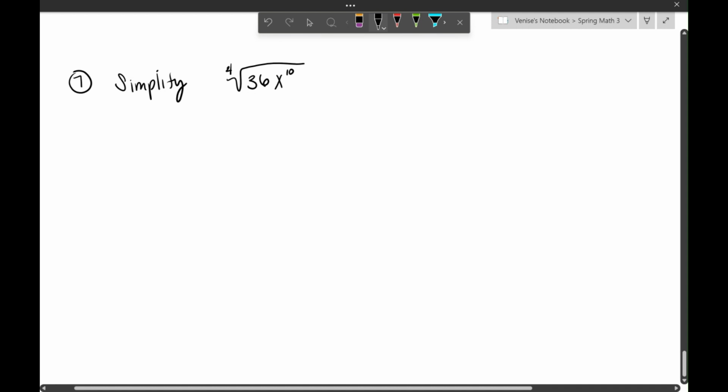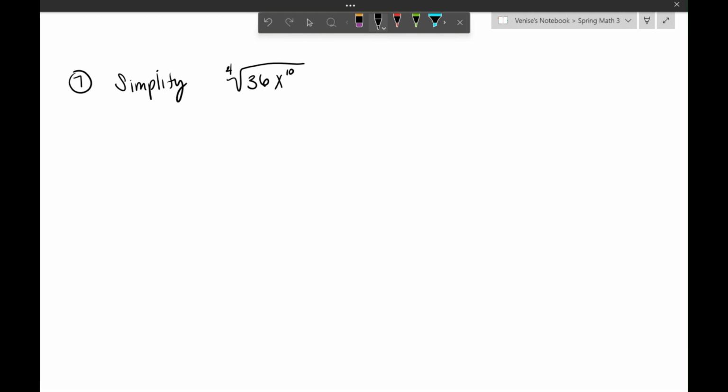So let's simplify this. This is the same thing I showed you guys on Friday. I want to rewrite this, so first things first, let's simplify it. Here's one way to simplify it: the 4th root of 36 x to the 10.